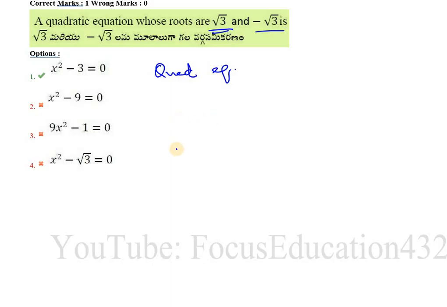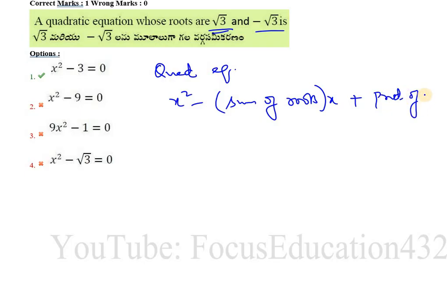We can write the quadratic equation as x square minus sum of the roots multiplied by x plus product of the roots.